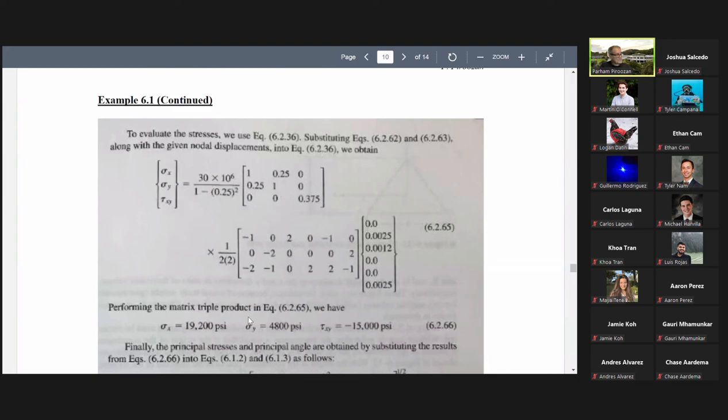If we multiply this, we find the stresses: sigma x, sigma y, and tau xy.